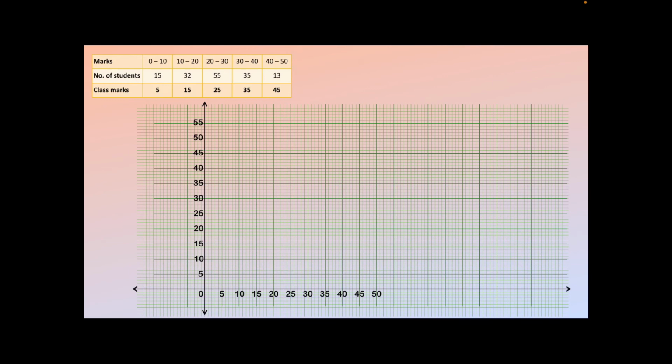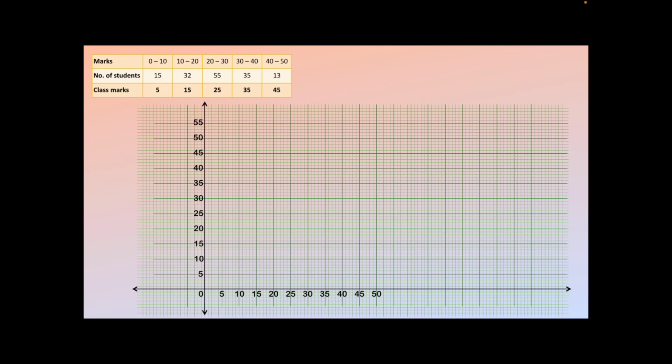Now there are two imaginary classes that we need to take for a frequency polygon. The first one is before the first given class. Here the first given class interval is 0 to 10, so a class interval before this would be -10 to 0.